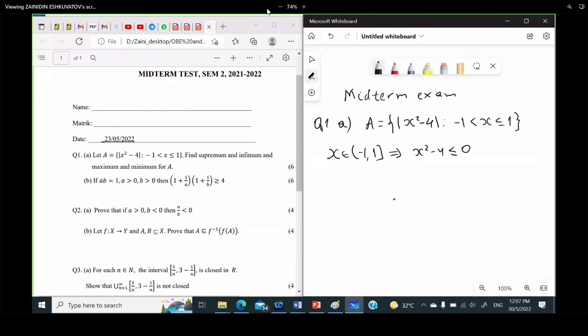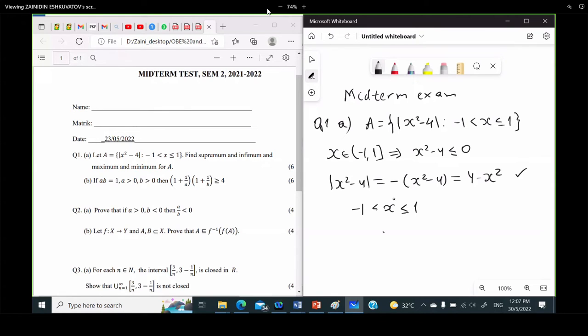So if it is less than, then x square minus 4 is equal to, if it is less, minus x square minus 4. Or I can say 4 minus x squared. Okay, now look, this function equal to this function. Now, x varies from -1 up to 1.